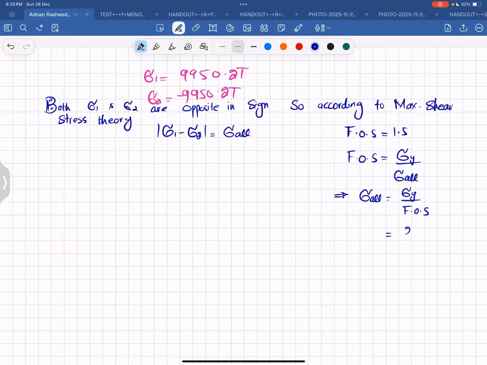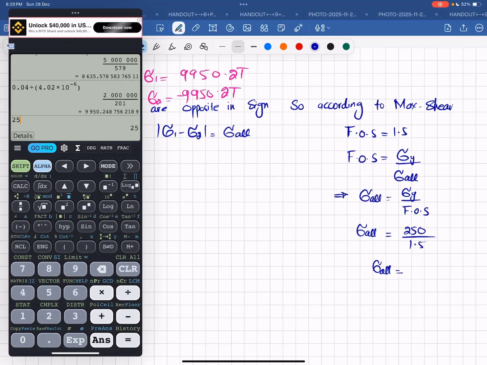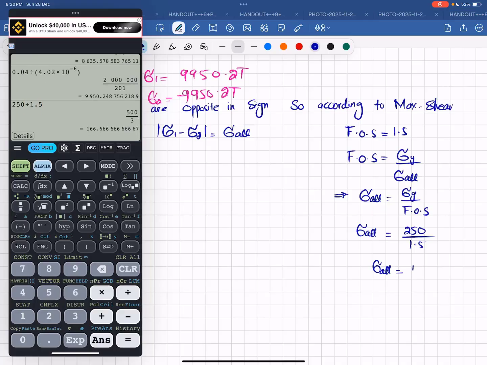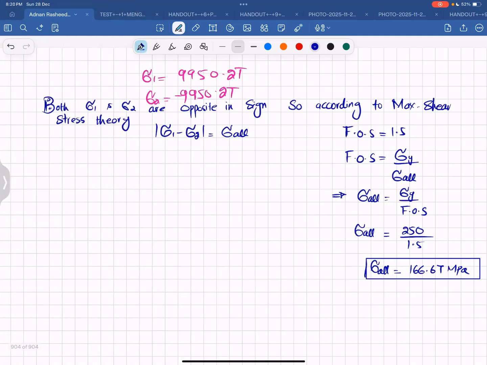So 250 divided by 1.5 will give you the allowable stress, which is 166.67 megapascal. This is the allowable shear stress, and according to the maximum shear stress theory, when sigma 1 and sigma 2 are opposite, this will be the condition.